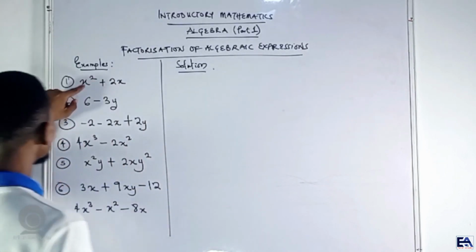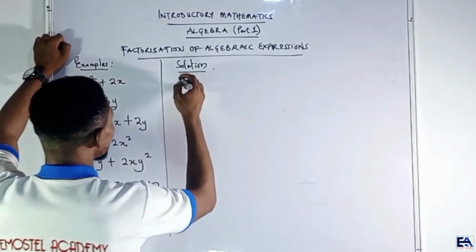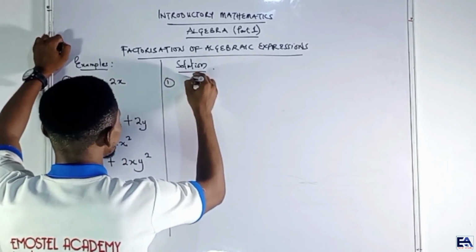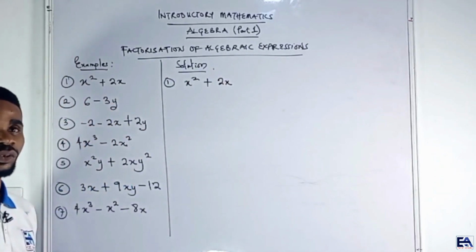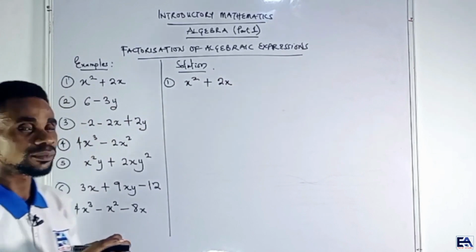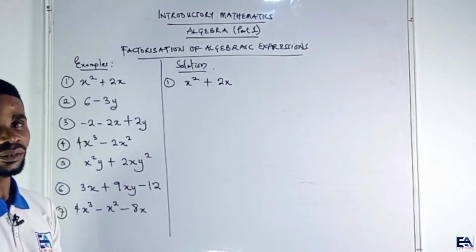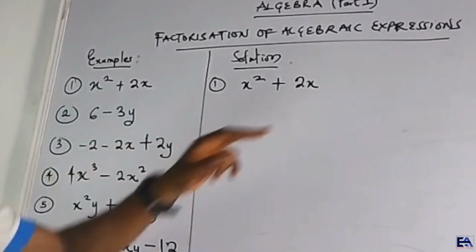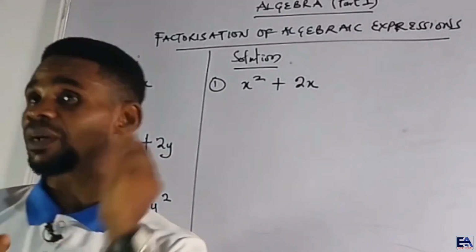We have x squared plus 2x, for instance. So whenever you have something like this, just look for a factor that is common to the two terms. There is something that the two terms have in common, although they are not related, they are not family.